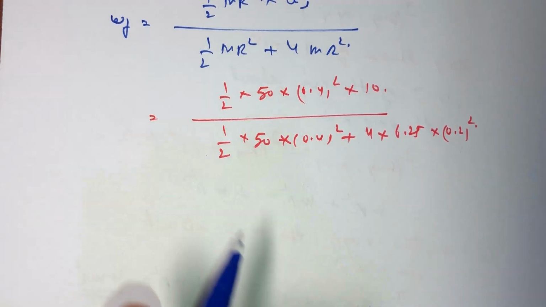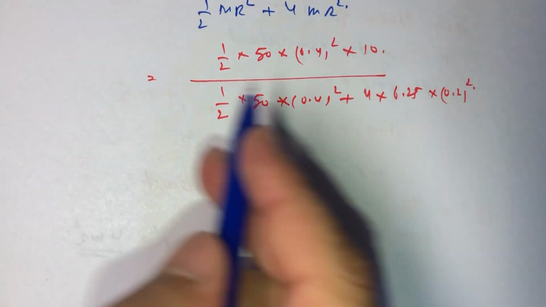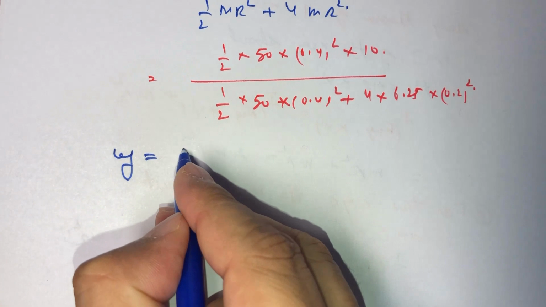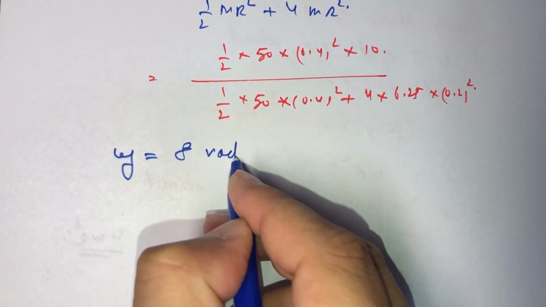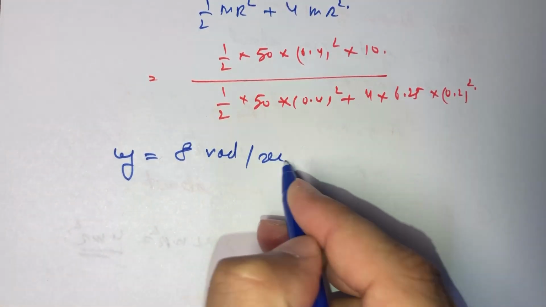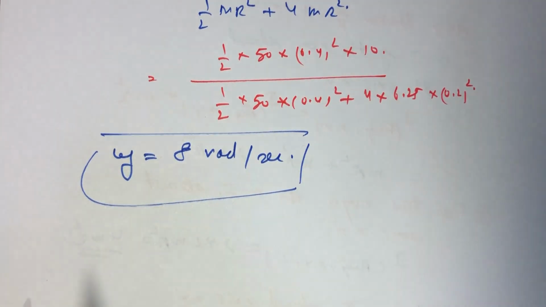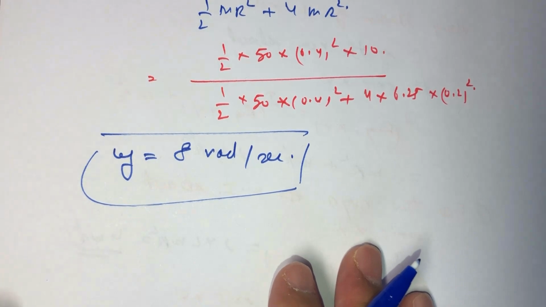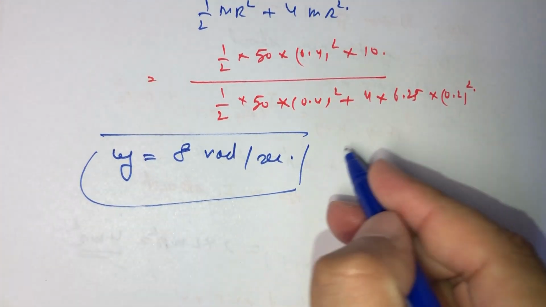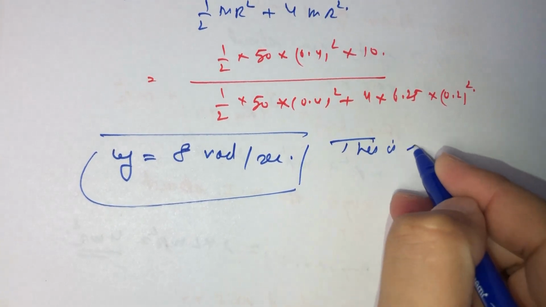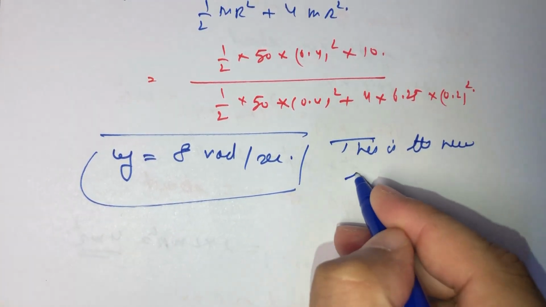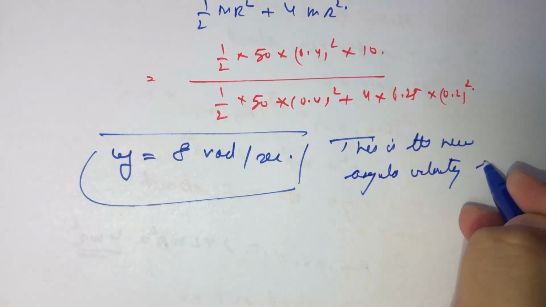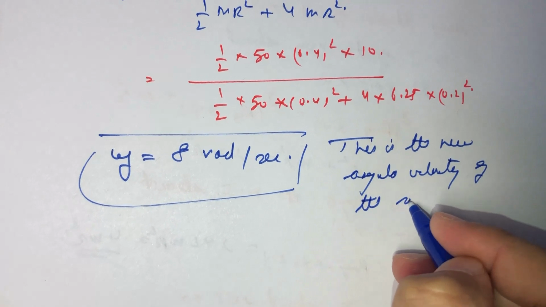And if we solve it, we get omega f equal to 8 radian per second. So this is the new angular velocity of the system.